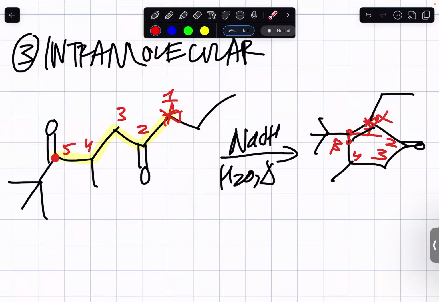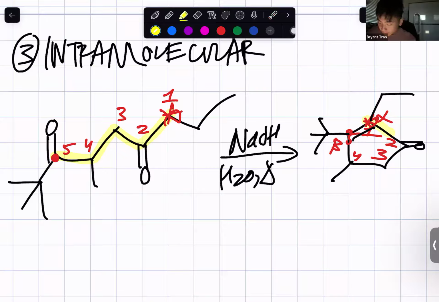So when you're doing the intramolecular ones, would you recommend numbering them so that my number one carbon is my nucleophile? Yeah, you can number it like that. Other people number it the other way. Like they number one the carbon, no carbon like that. Two, three, four, five. It does the same thing.